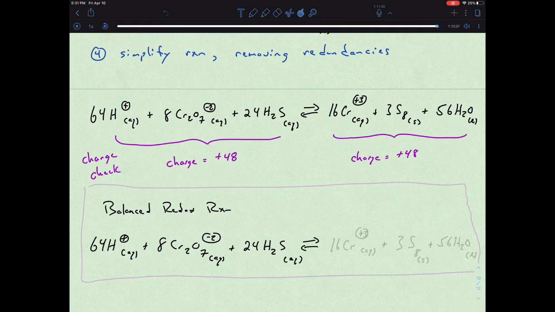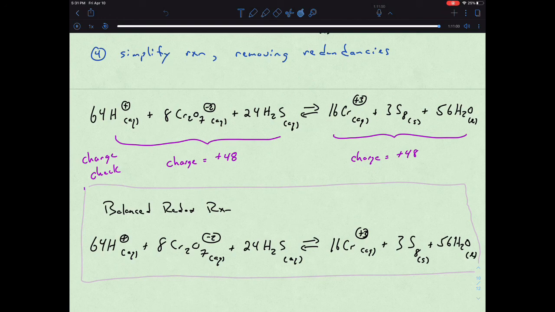So we have our starting materials, the 64 protons, the 8 dichromates, the 24 sulfurous acids to produce our 16 chromiums that are plus 3, our 3 S8s, and our 56 H2Os.